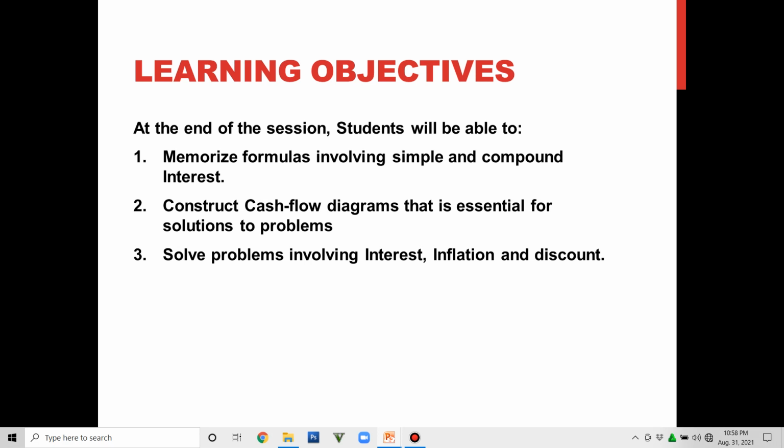That is very important, because without the illustration, we cannot derive the solution. The number 3, solve problems involving interest, inflation, and discount.